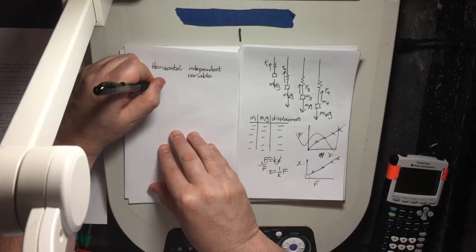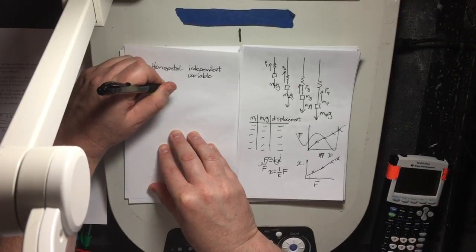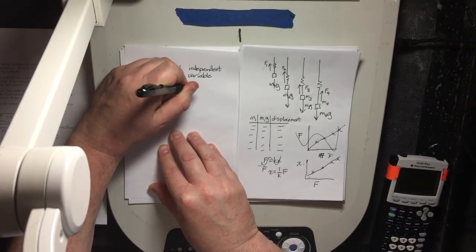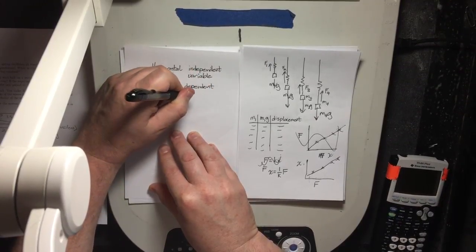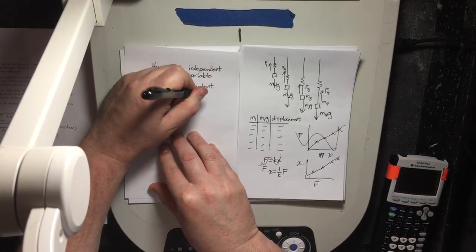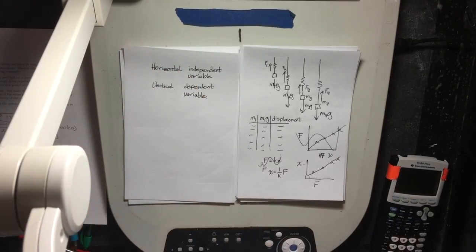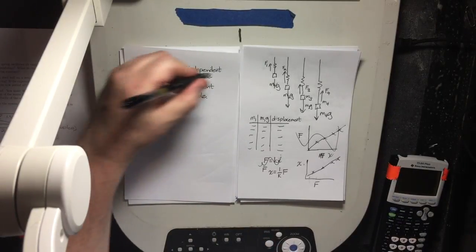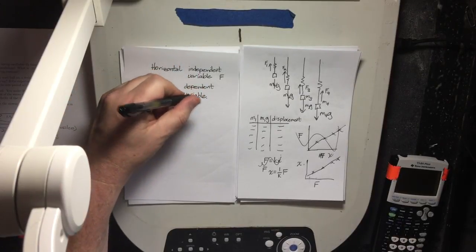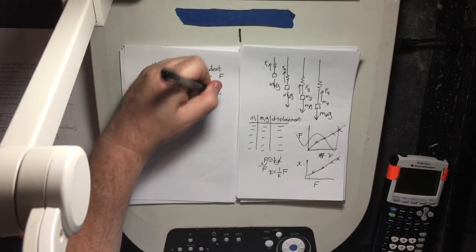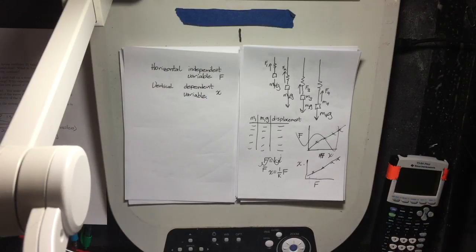The vertical is the dependent variable. The independent variable in this case will be the force. The vertical will be the dependent variable, which is the displacement. The displacement has to be the dependent variable.